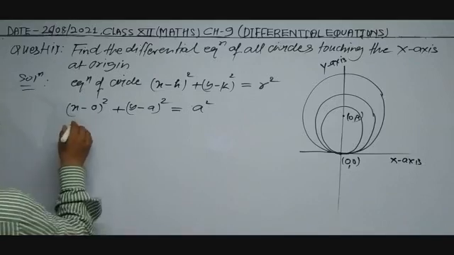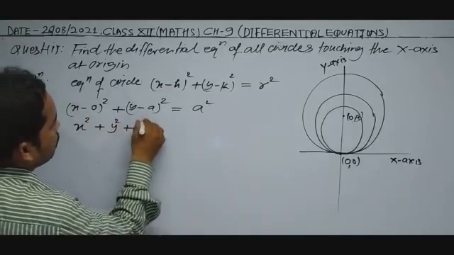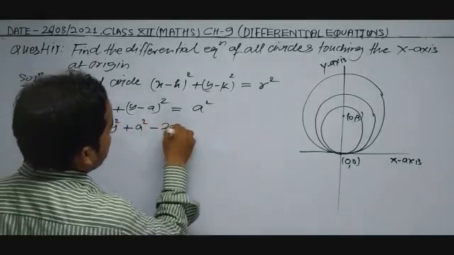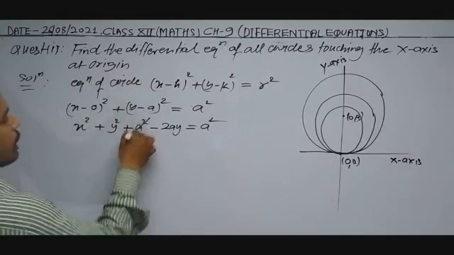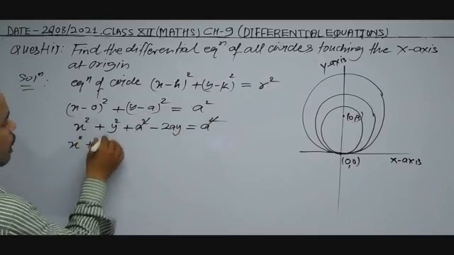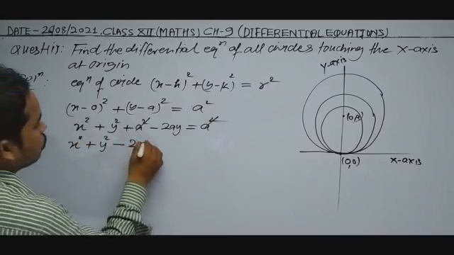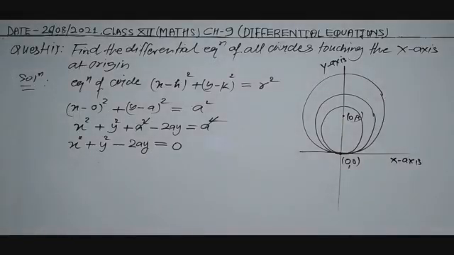Now when you solve it, you will get y square plus a square minus 2ay is equal to a square. Now the a square term will cancel out and the result will be x square plus y square minus 2ay is equal to 0. This is the circle's equation.